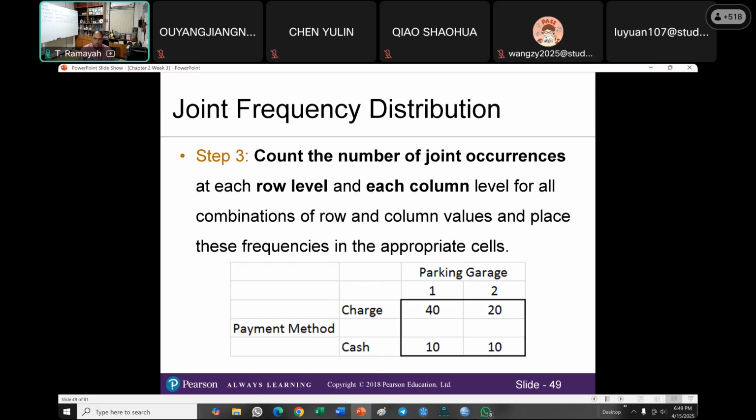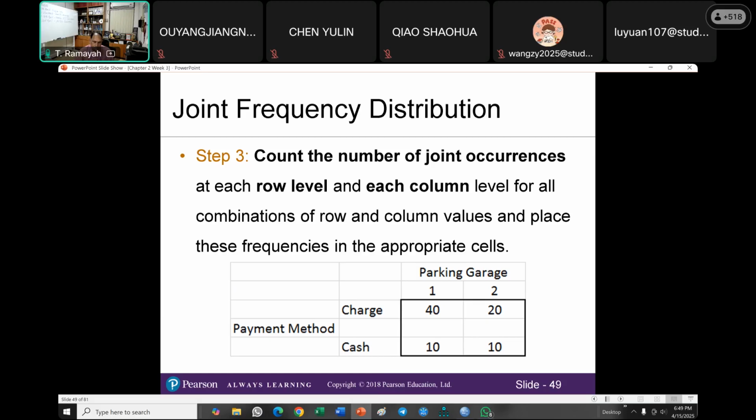So now we can see clearly those who use charge card and park in garage number 1 is 40. Those who pay cash and park in garage number 1 is only 10. So the total number 40 plus 20, 60, 60 plus 20 is 80.